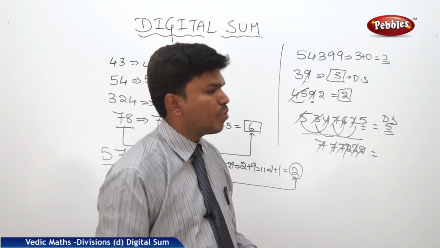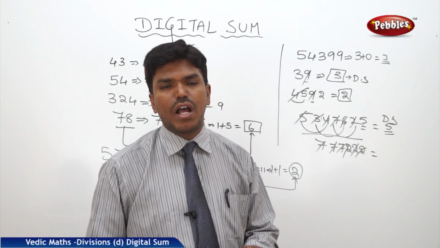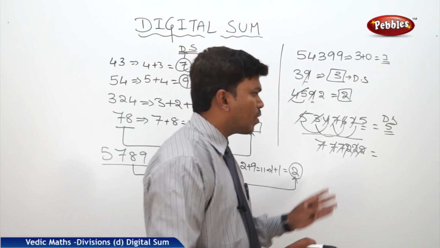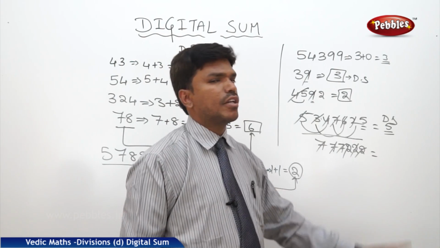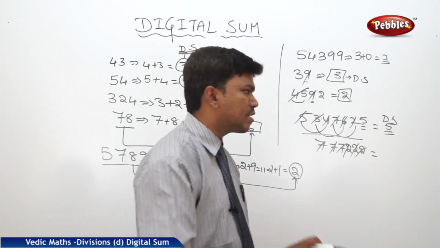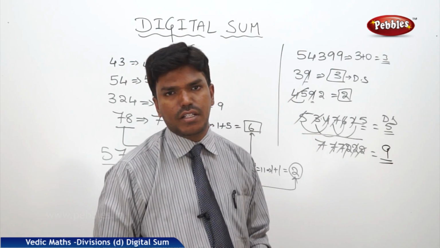You will never get it. So if all the digits are ignored, which are adding up to 9, the digital sum is simply 9. The digital sum is 9.